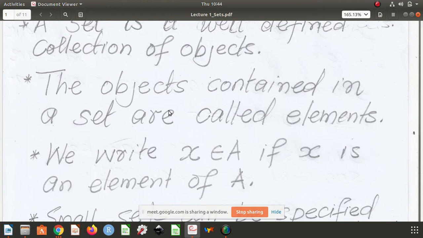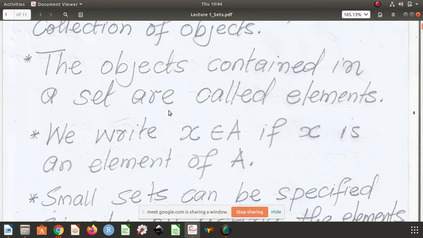There are some situations where that confusion does occur, but right now we don't need that level of mathematics. We just need to work with what we call the naive set theory. So the objects contained in the set are usually called elements, right?